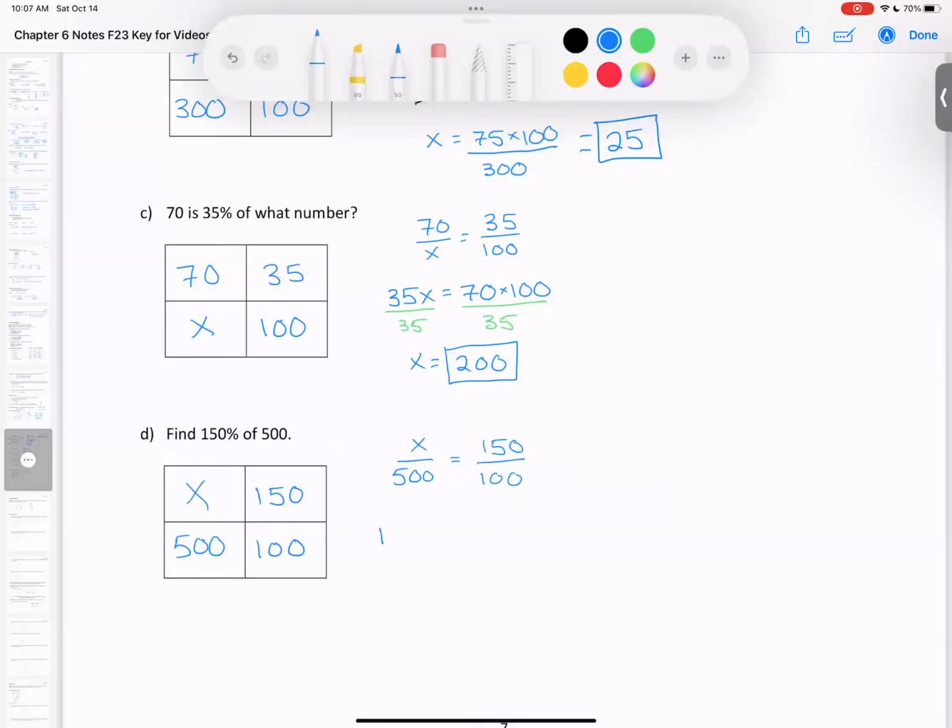So if we do the cross product, we get 100x equals 150 times 500. And now we can divide both sides by 100 so that the 100s will cancel out on the left, and we're left with just plain x. So x equals, and so let's calculate that, 150 times 500, and then divided by 100 gives me 750.